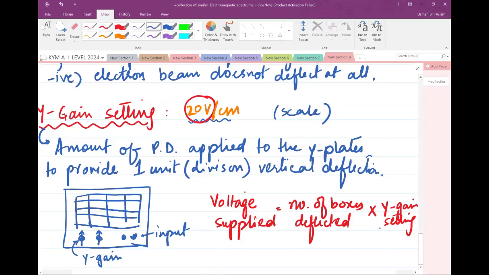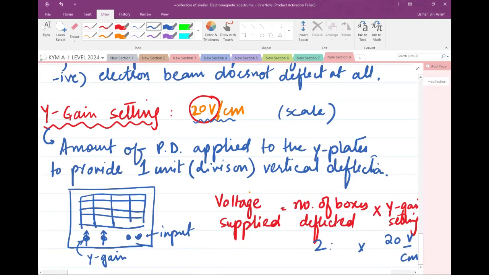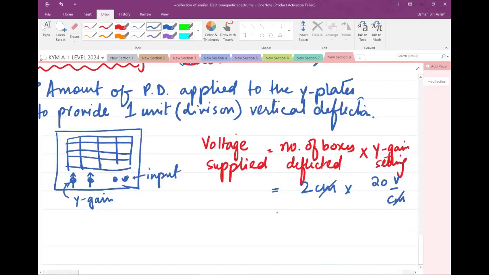So in the case that I just discussed, Y gain is 20 volts per centimeter. And how many boxes were deflected upwards? 2 centimeters, or 2 boxes, were deflected upwards. So the centimeter gets cancelled out with centimeter. So it turns out that the voltage supplied is going to be 40 volts. This is what you are expected to know how to calculate.